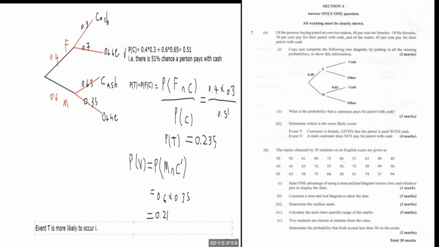That is, there is a greater chance the customer is a female given that the petrol is paid with cash.